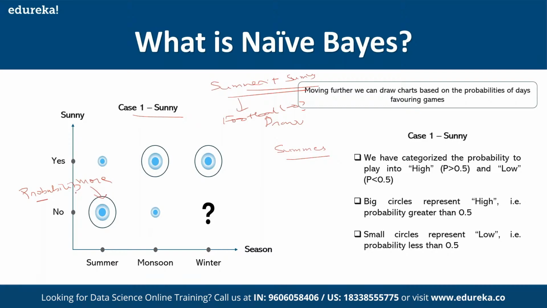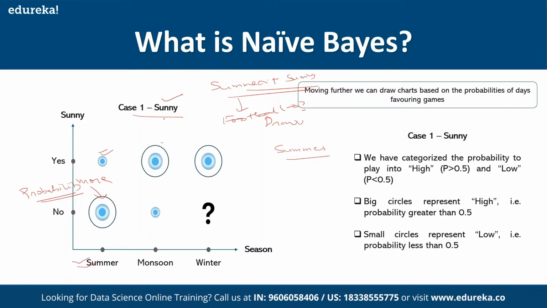I will explain how we calculate probability, but the probability of you playing on a given day when it is sunny and summertime: the chances of you not playing football are very high, and the chances of you playing football are very low. There are some chances, but it will be very low.